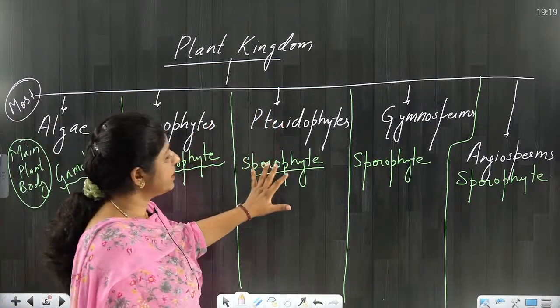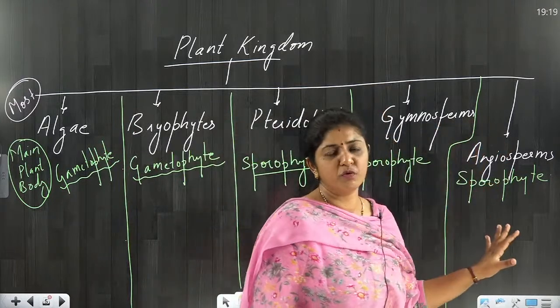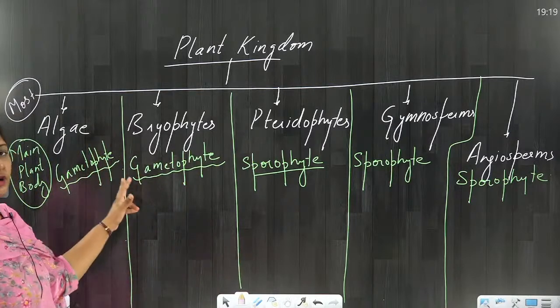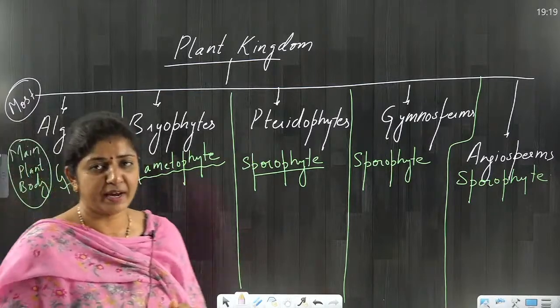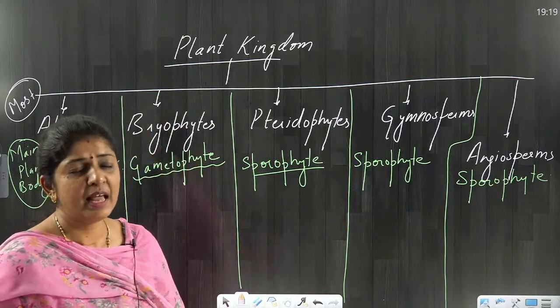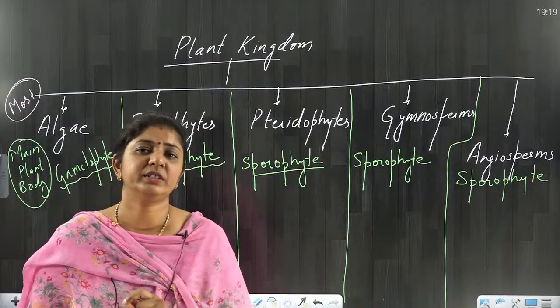In Bryophytes, the gametophyte is photosynthetic. In Pteridophytes, Gymnosperms and Angiosperms, the sporophyte. It never means that those with a gametophyte will not show a sporophyte. They show the sporophytic generation too. That's why their life cycle is called alternation of generation.